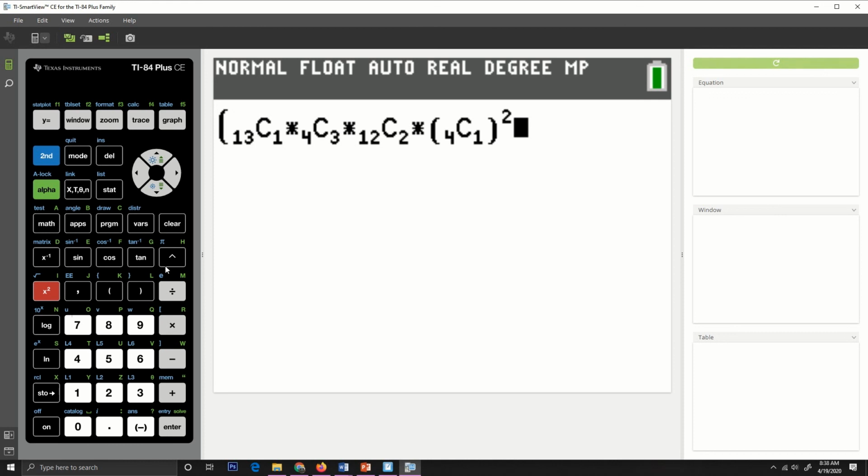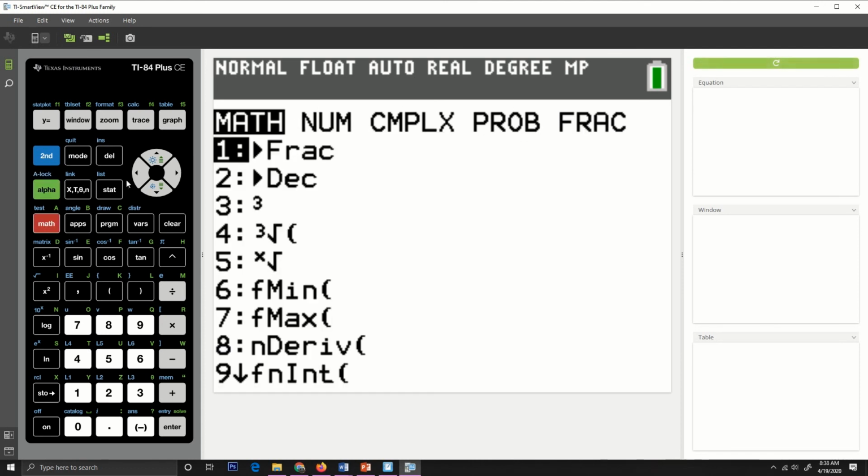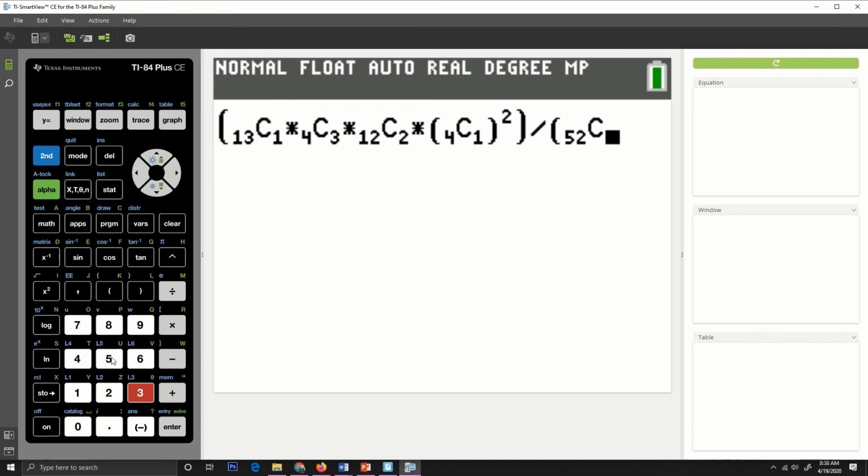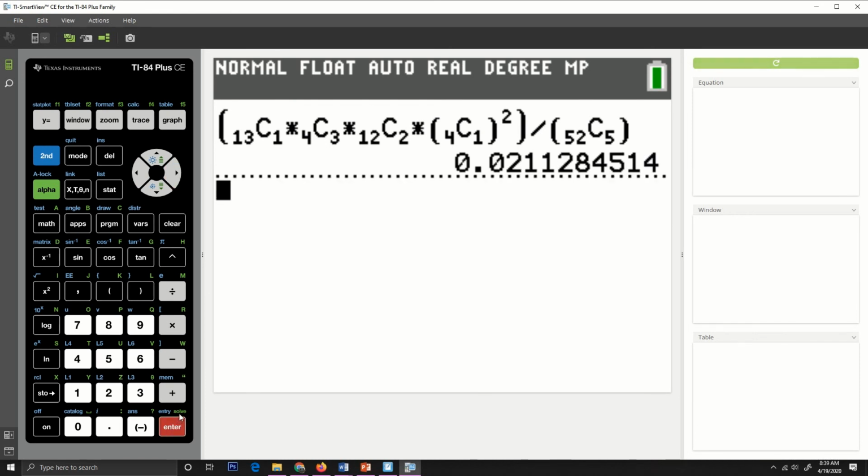So I'm going to hit squared, and then we're going to close that parenthesis, and we're going to divide by parenthesis the 52 choose 5, and then we will close that parenthesis, and we will get the probability that you can choose 3 of a kind is 0.0211.